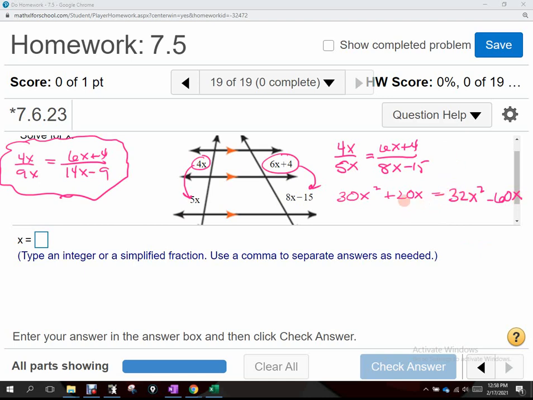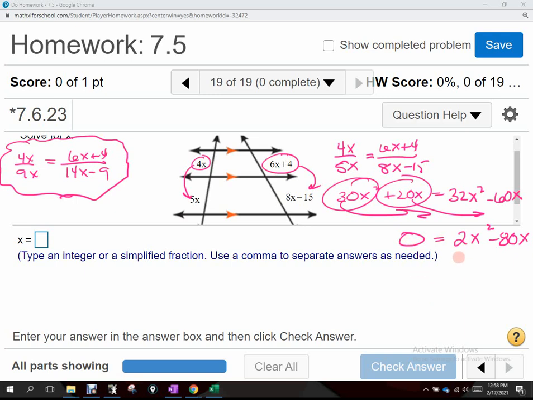So right off the bat, I notice I've got x squared, so I've got to get everything equal to 0. I'm going to move this 30x squared to the right-hand side, so it'll give me 2x squared. And I'll move this 20x over there as well, so that gives me minus 80x. That should equal 0. Does that make sense?